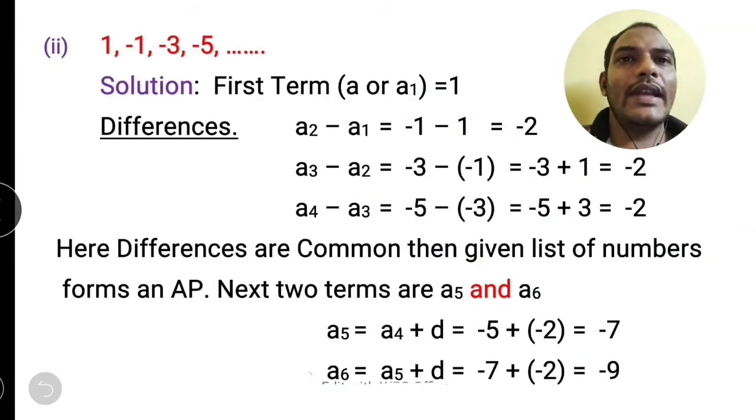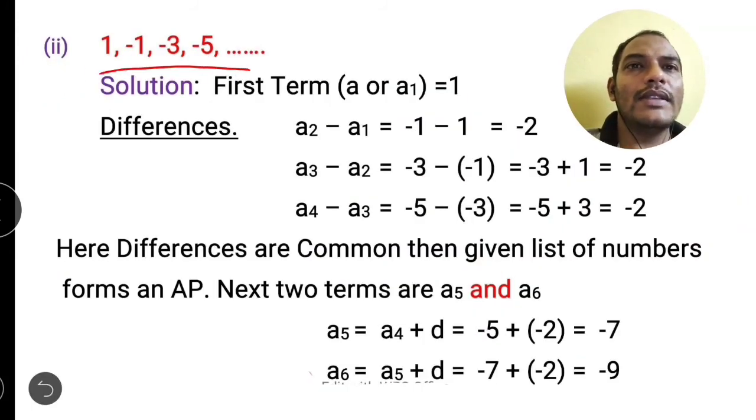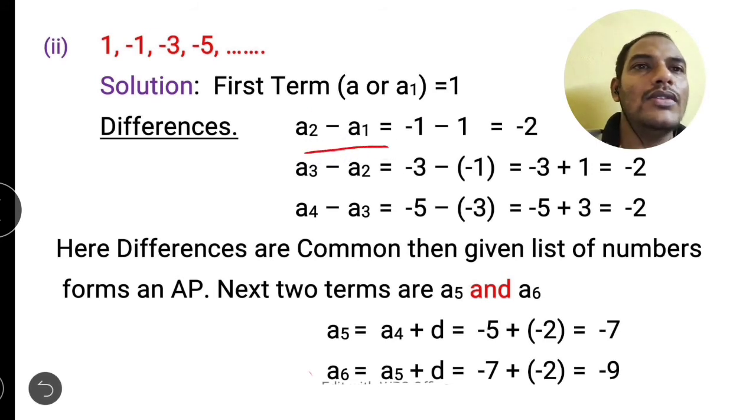Next, coming to the second problem: 1, minus 1, minus 3, minus 5. Let us verify whether the given list of numbers forms an AP or not. The first term is 1, and now the differences. The first difference is A2 minus A1, that is minus 1 minus 1, so minus 2.